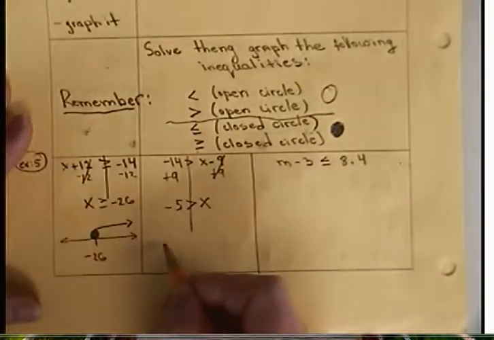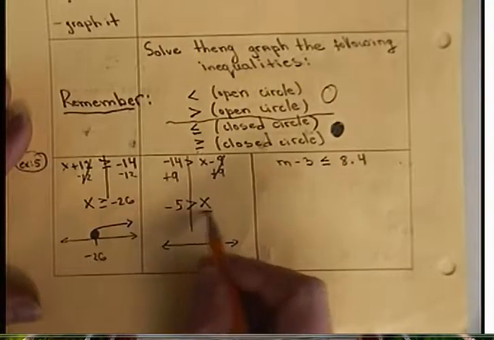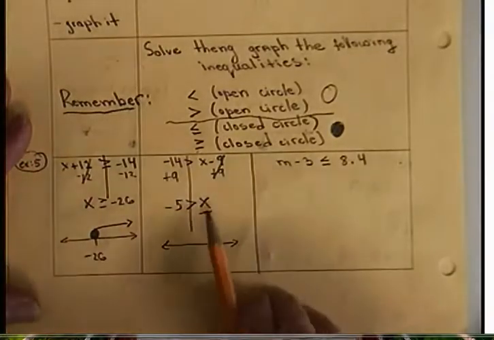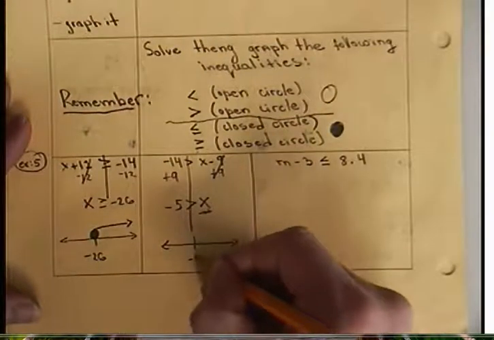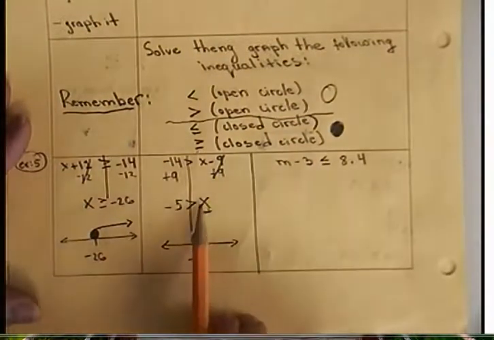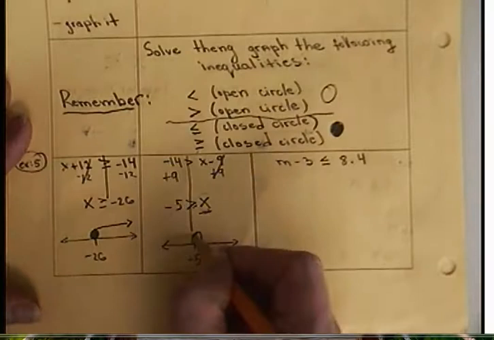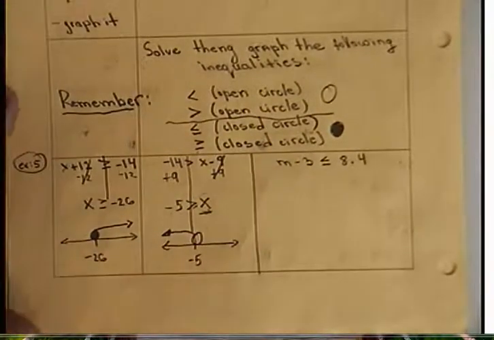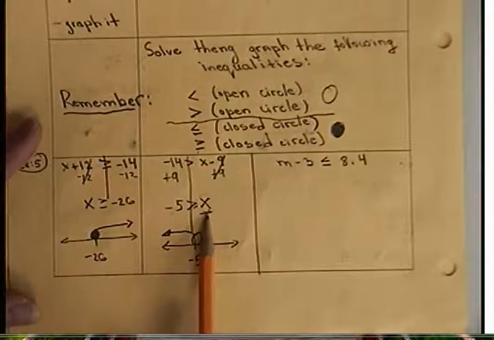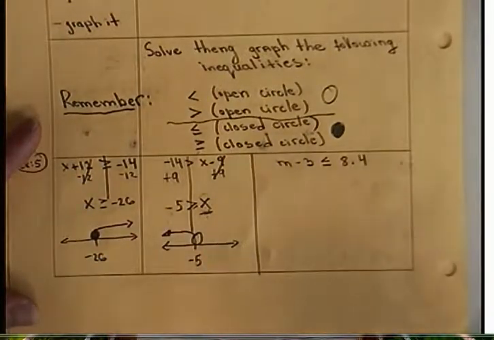So be careful when the variable is on the right side of the inequality. Basically it says x is less than negative 5. So negative 5, open circle. If x is less than negative 5, then the solutions will be to the left. So always check the position of the variable, not the number. That will point your graph.